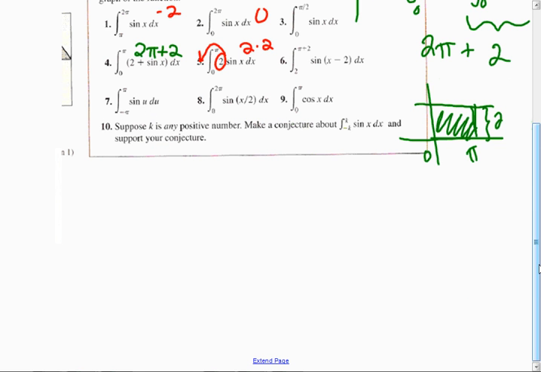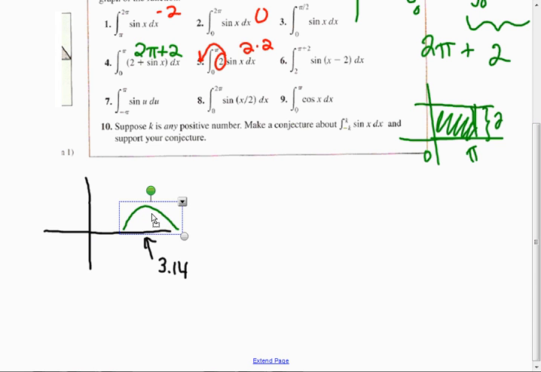So on number 6, first I'm going to graph the sine function. And what is the x minus 2 going to do to my sine function? It's going to move it to the right 2, right? Now that's pi, so that's 3.14 right here. Okay, so I'm going to move this 2 to the right. So it's going to go over here. And then what's happening here?